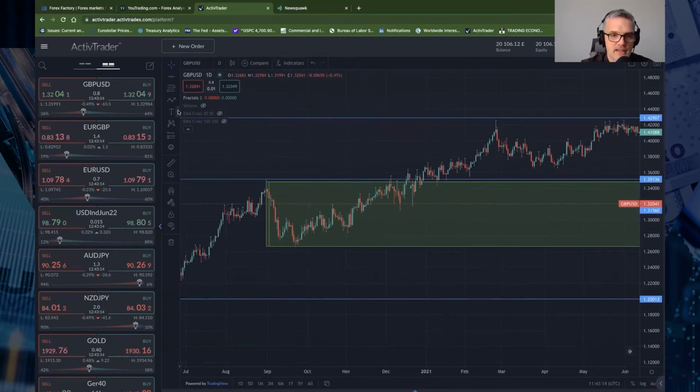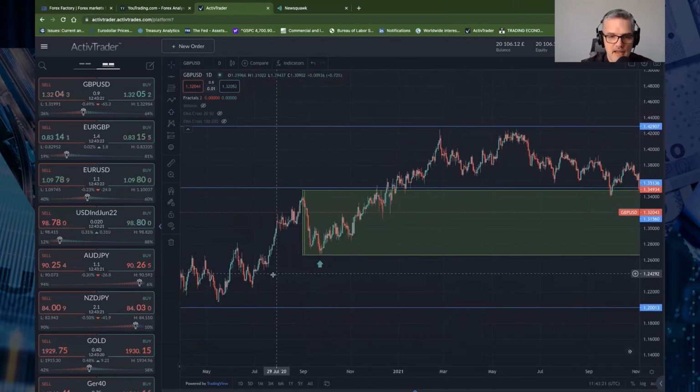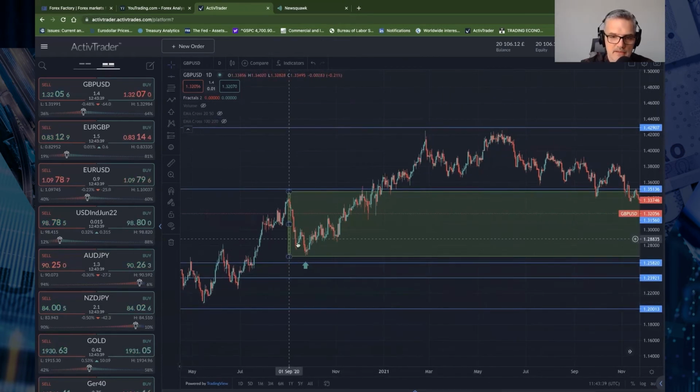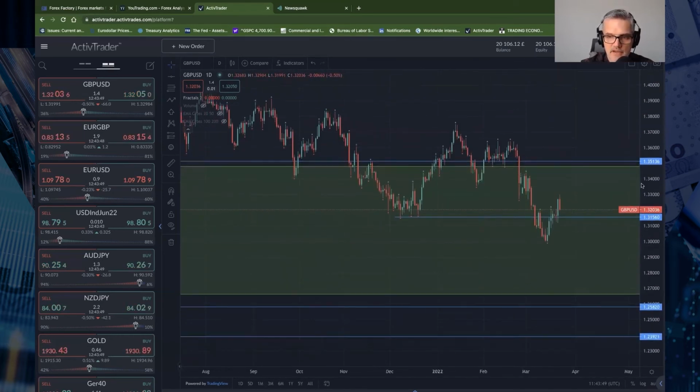So if anything, there might actually be some stops underneath this low here, which means liquidity could be there, and then we could come back down and test this level here around June 2020, or maybe even July 2020, depending on if you want to go for this swing low here or take that balance area there. So possibly sweep lower than the 1.26 down towards 1.24. Yeah, that's obviously quite a way away, but possible targets to the downside.